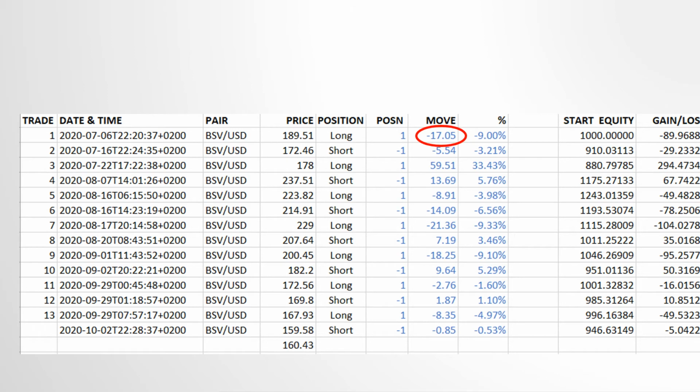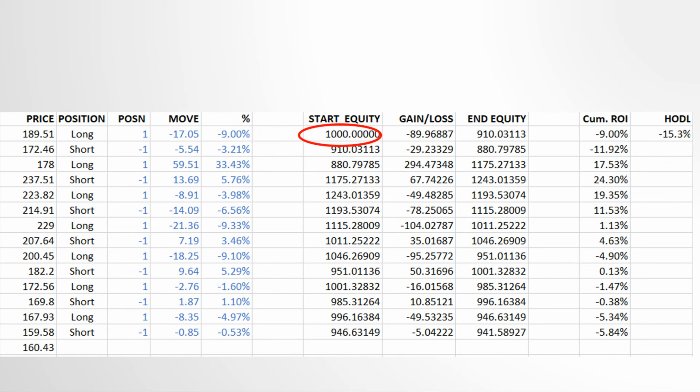That is a move of $17. And from 189.51, that is a drop of 9%. So if we had $1,000 equity, a drop of 9% would have cost us about $89.96. So at the end of that trade, we've got $910 left. That's what we've got to start the next trade with.